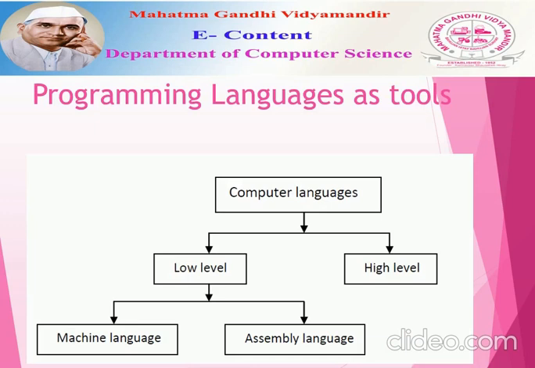Now we are going to see programming languages as a tool. Various programming languages are there. Computer languages are low level and high level. Under low level, there are again some languages, that is machine language and assembly language.